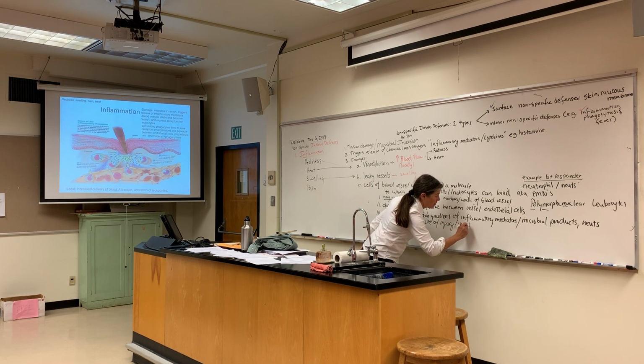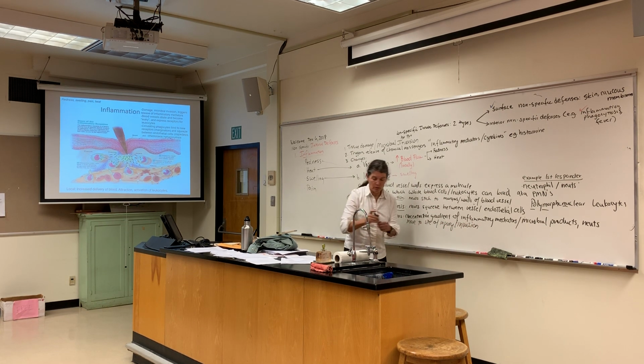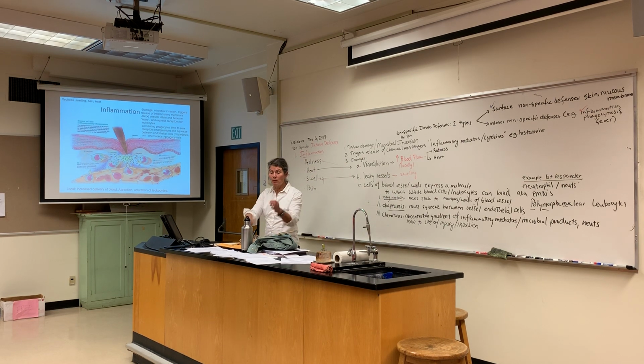And when they get there, if there are microbes that have been introduced, what's the job of the neutrophils? What are they gonna do? Yeah, phagocytosis. If they can, they'll attach to the invading microbe, bring it inside the cell, and destroy it in the process called phagocytosis, right? That process is so important.